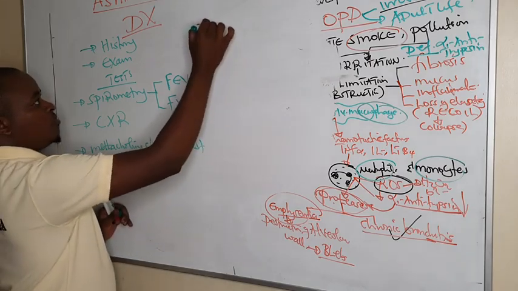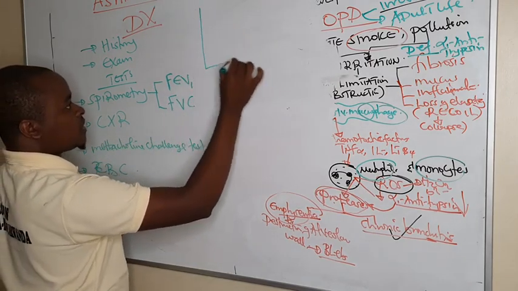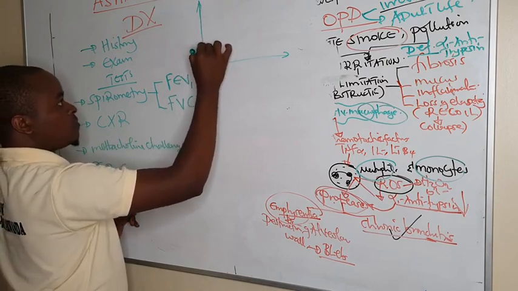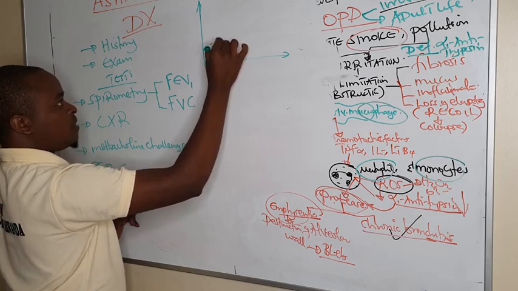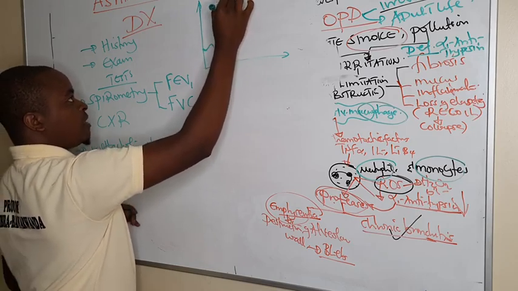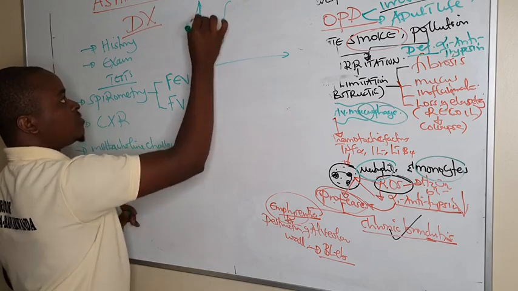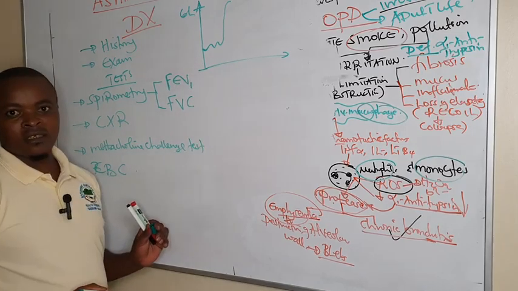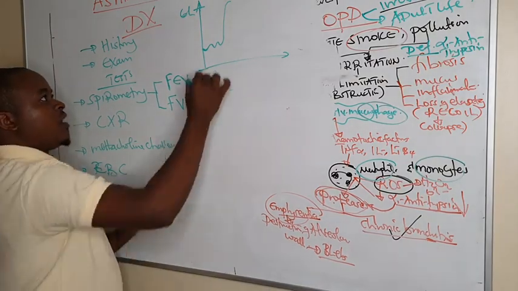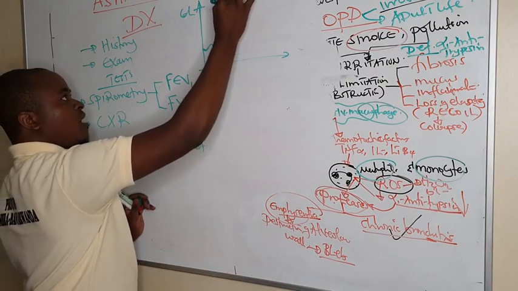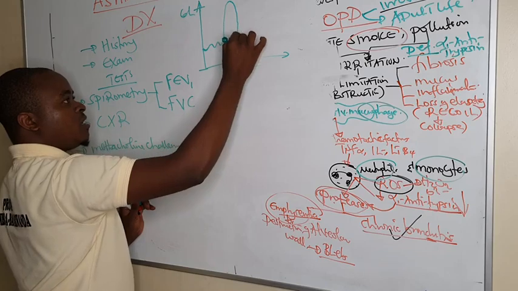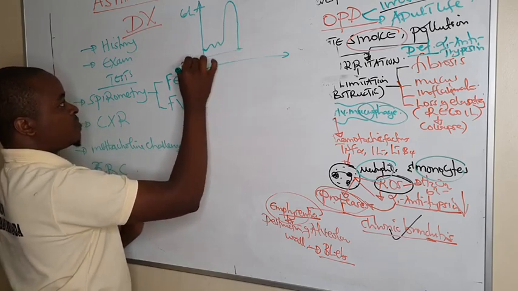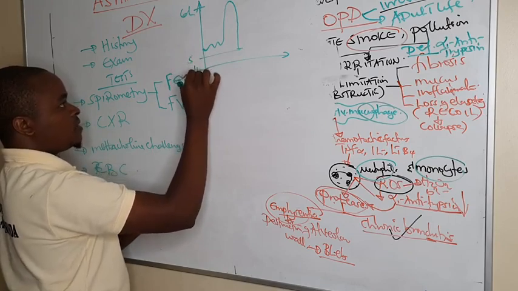We know that on spirometry, if this is the graph, and this is the vital capacity, the capacity of the lung is 6 liters, from here to here under forced expiration. So if I inhale 6 liters under forced expiration, I can only remove 5 and I remain with 1 liter.